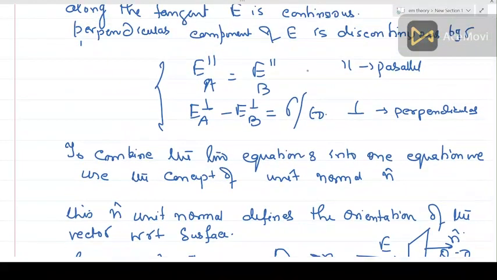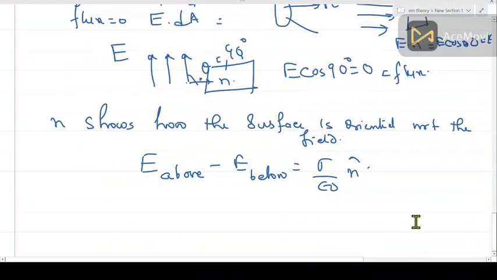Condition 1 and condition 2 are now in a single equation, equation number 3. The orientation of the unit vector will tell you how the surface is oriented. It is a unit vector perpendicular to the surface and it points from below to above.